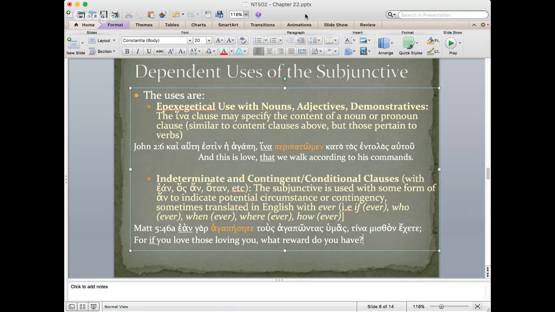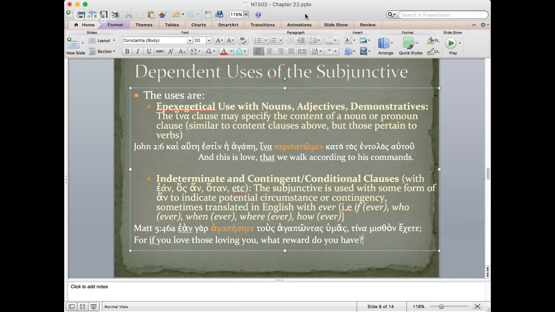If you love the ones loving you with that participle. So without knowing that this is subjunctive, if you just translated it word for word as a normal future, you translated something like if you will love those loving you, as opposed to a subjunctive, which is just going to be if you love, because the if is what's creating that possibility, that uncertainty that it may or may not be true.